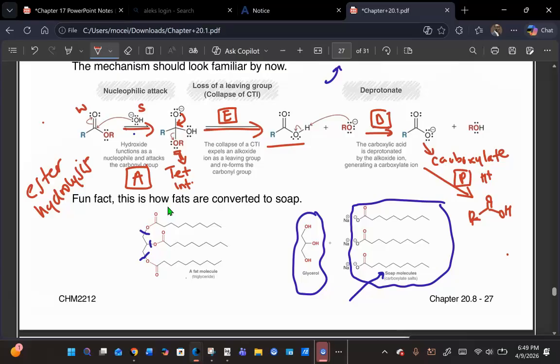Oh, so if I used H3O plus, you can use it. Because the basic conditions always end with the carboxylate. Correct. Unless you want it to go to the carboxylic acid, and in that case, you'll go AED, P. P is optional.